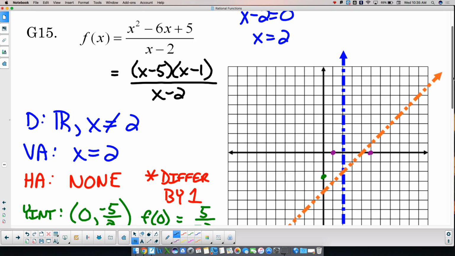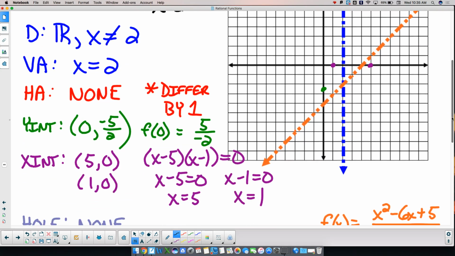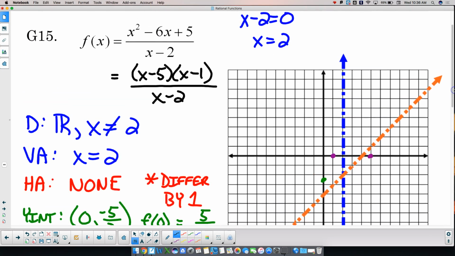25 plus 30 is 55 plus 5 is 60 all over negative 7. So that's going to be a little bit less than negative 9. 1, 2, 3, 4, 5, 6, 7, 8, 9. So it's going to be right down in there. Okay? So that shows us kind of where we're going there. If I put in positive 3 into my function, I get 9 minus 18 plus 5, which is negative 4, all over 1.